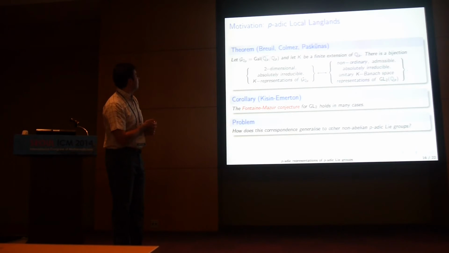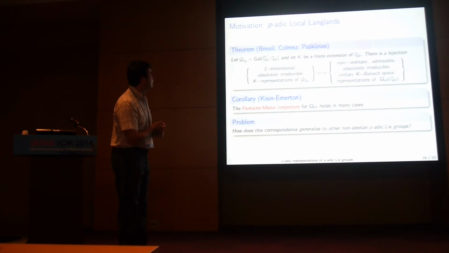So it looks a bit random if you haven't seen it before, but it's quite a powerful statement. Basically, this is a category of very nice, well-behaved representations of this particular p-adic Lie group. And this is a technical condition: they're admissible, that's important. They're irreducible, so simple objects. And they're unitary Banach space representations with continuous action of GL2 of Q_p. So you can conceive of such a collection, and this turns out to be in canonical bijection with two-dimensional absolutely irreducible representations of the absolute Galois group.